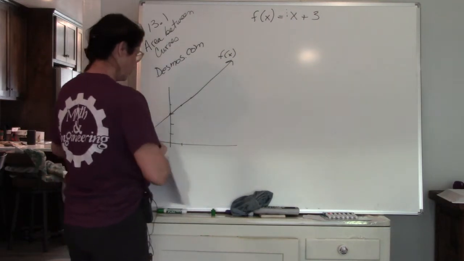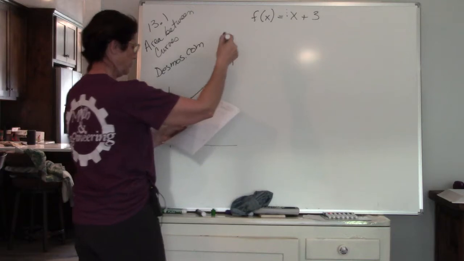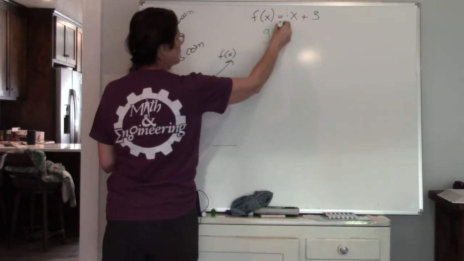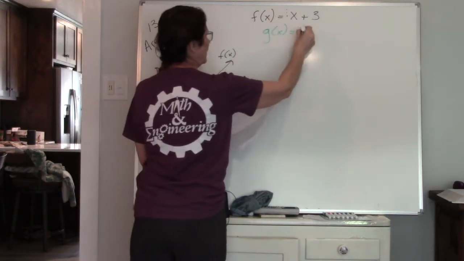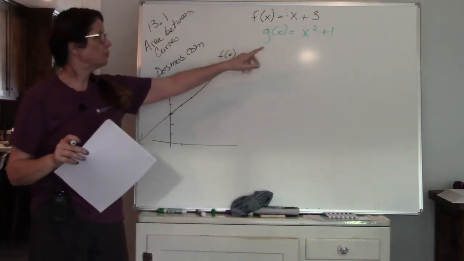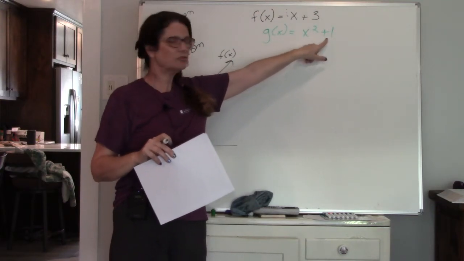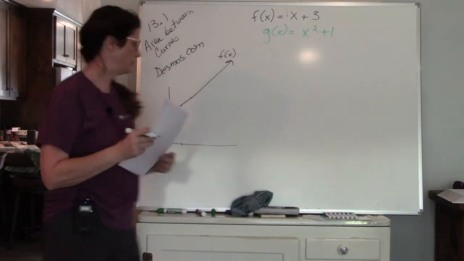Now I'm going to do a g function. The g function, I'm going to do this in green and I hope it shows up, is x squared plus 1. So the g function is a parabola. I know that because it's x to the second power. I also know it's my parabola lifted up by 1.